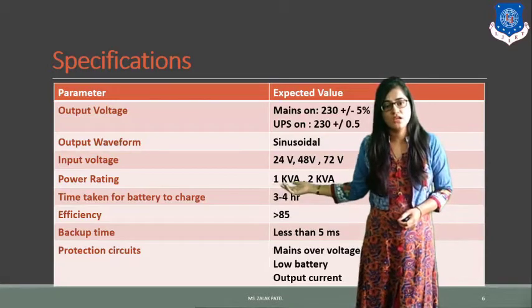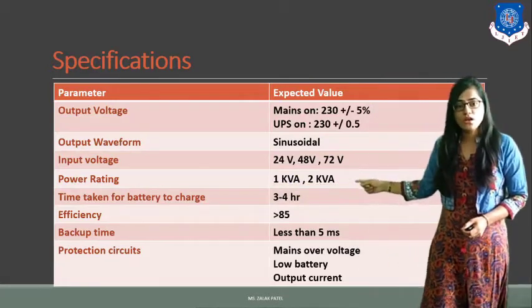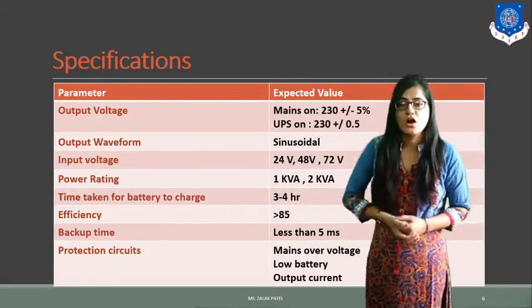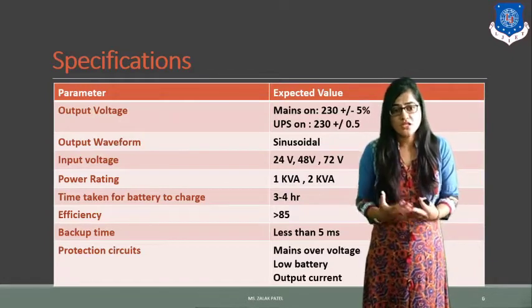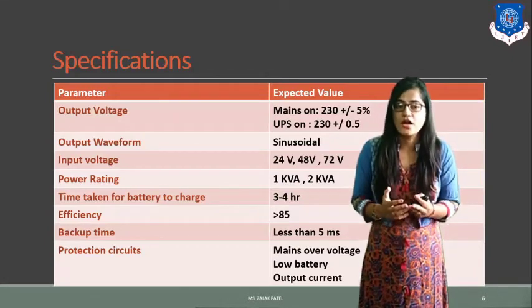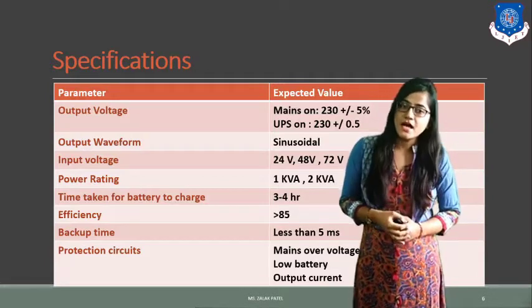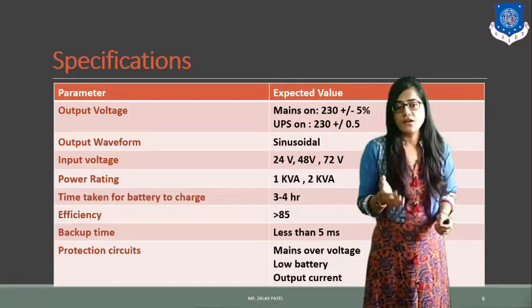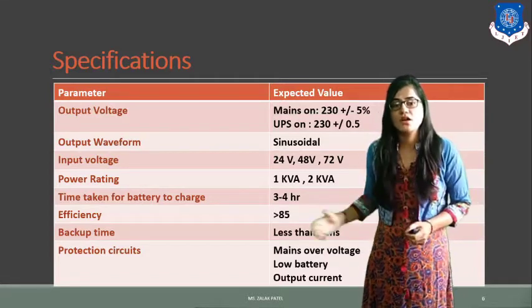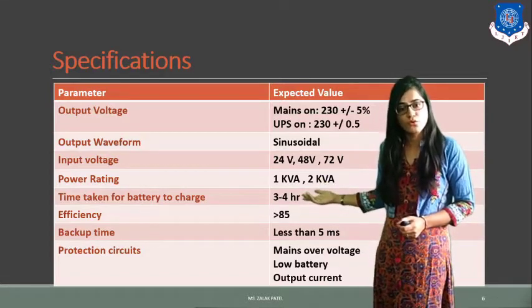So it can be 1 kilovolt ampere or 2 kilovolt ampere. As for the time taken for the battery to charge, because in the block diagram we have seen there is also a battery charger, the time requirement is 3 to 4 hours.